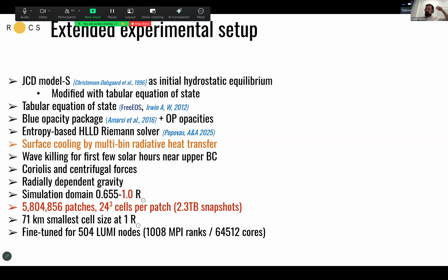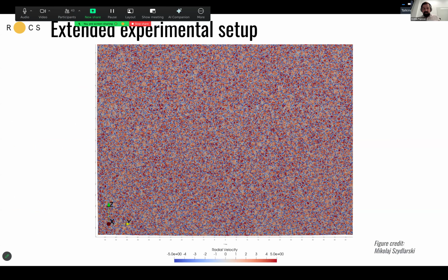I really wanted to show fully radiative models for you today, but alas, this is still at 1 radius with surface cooling with 71 kilometers cell size. And you can see the extreme detail. Typical cell size is as expected, as observed on the sun.